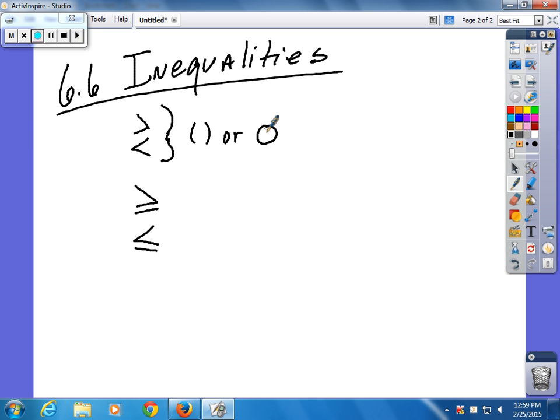These two guys are represented by brackets or a closed circle. And what I mean by brackets and a closed circle. Anytime we give an answer to a solution set, that means more than one number, you have to use some kind of location on the number line and some kind of notation, interval notation or set builder notation. And we'll get to that in just a minute.